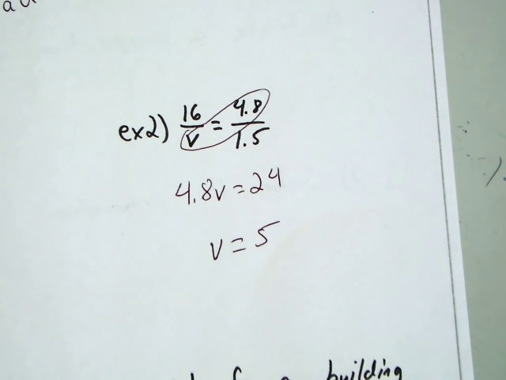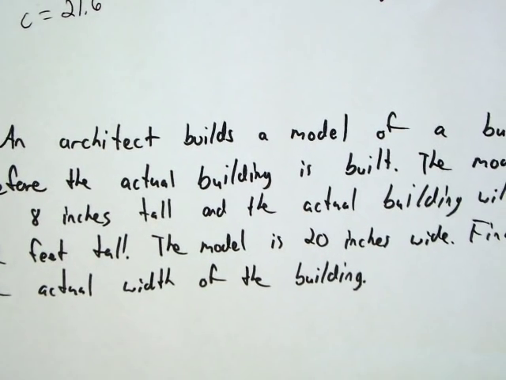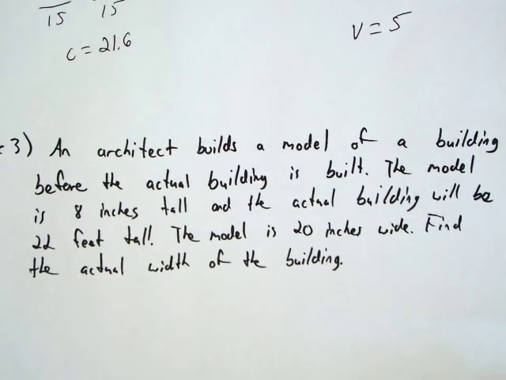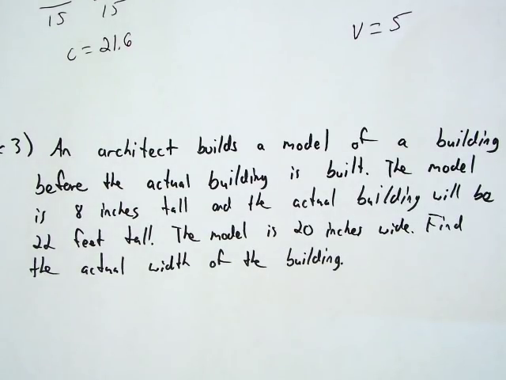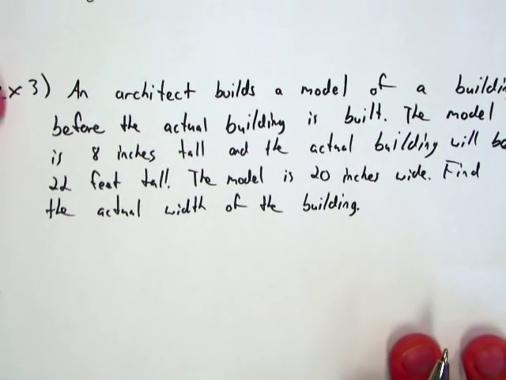Now, we can also use proportions to solve word problems or real-life information. So, in this one, it says, an architect builds a model of a building before the actual building is built. The model is 8 inches tall, and the actual building will be 22 feet tall. The model is 20 inches wide, so we want to find the actual width of the building. Remember, a proportion is a comparison between two ratios.